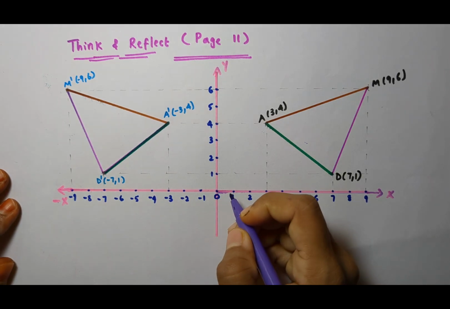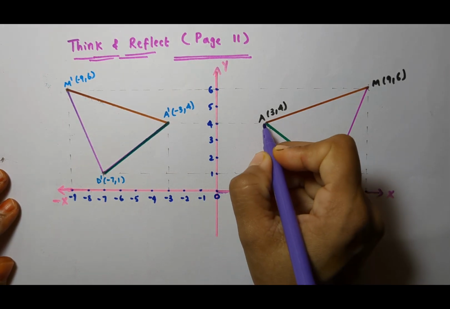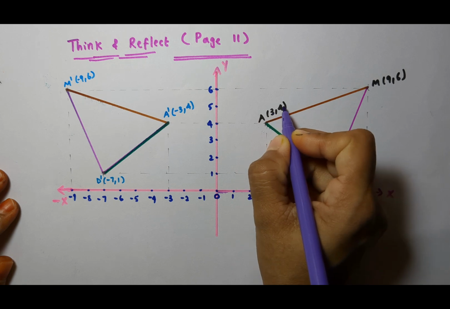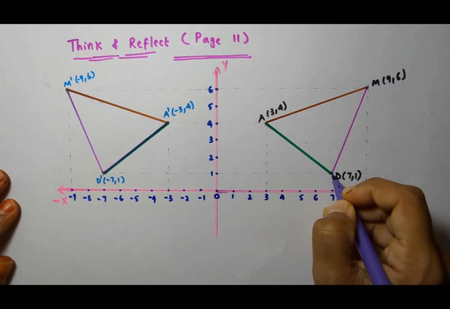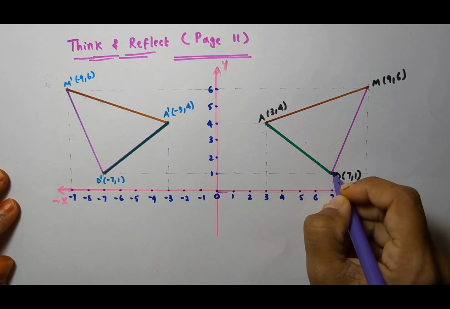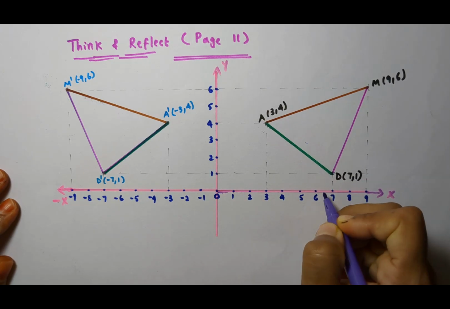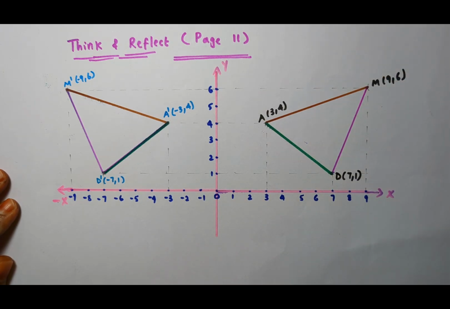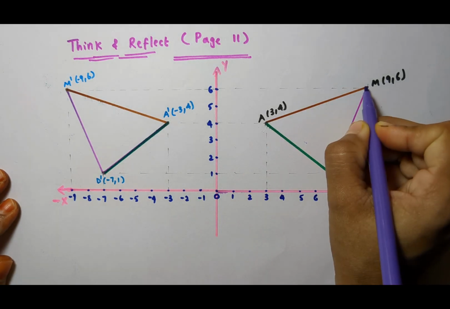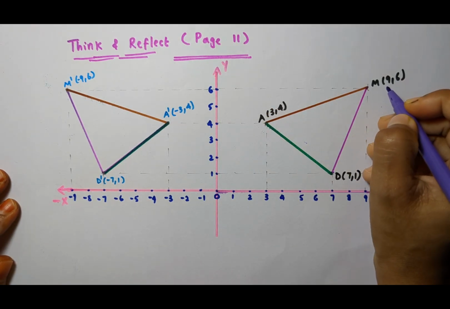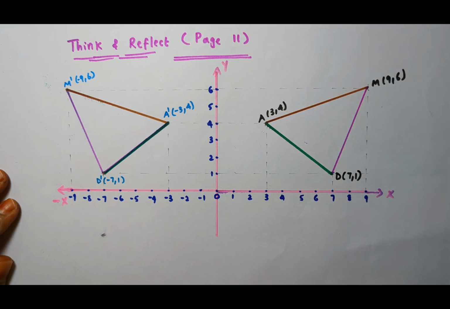Now you see, the coordinates of A is 3, 4, x coordinate is 3, y coordinate is 4. For this point D, x coordinate is 7, y coordinate is 1, so 7, 1. For this point M, x coordinate is 9, y coordinate is 6, so the coordinates are written as 9, 6.